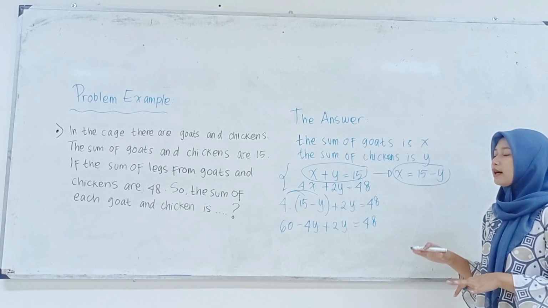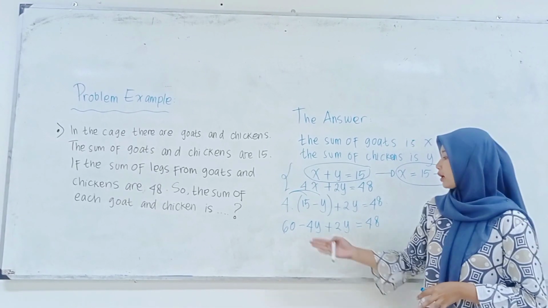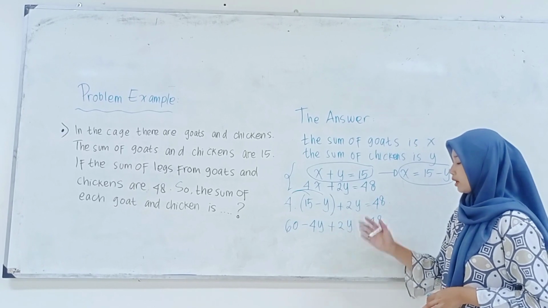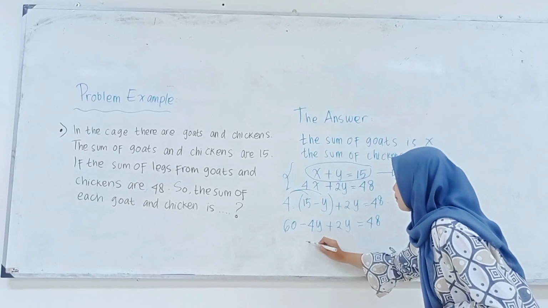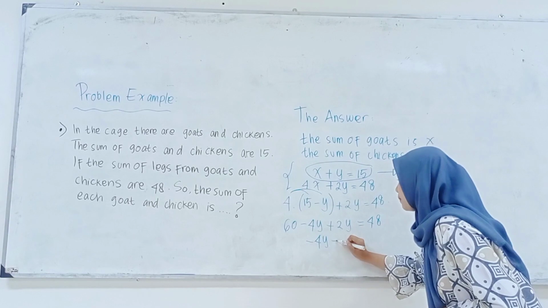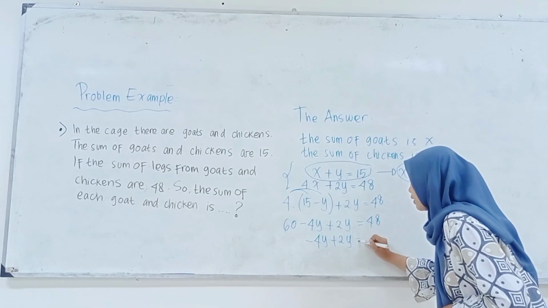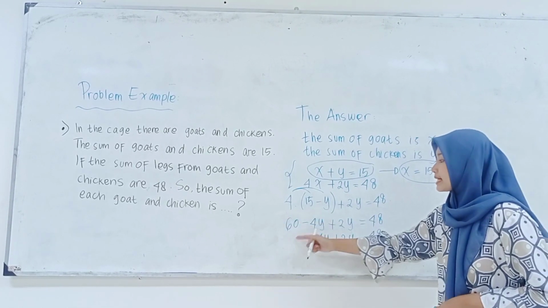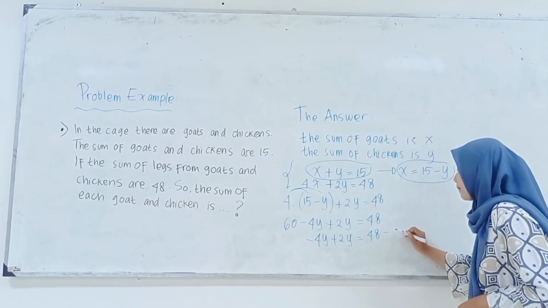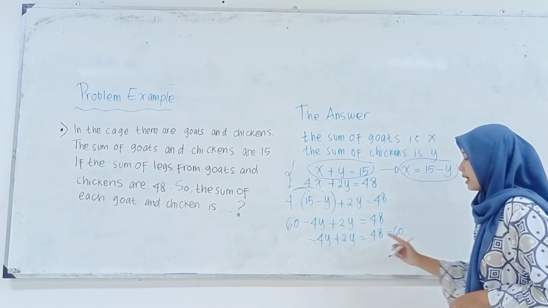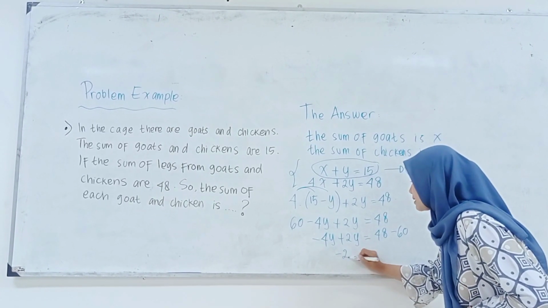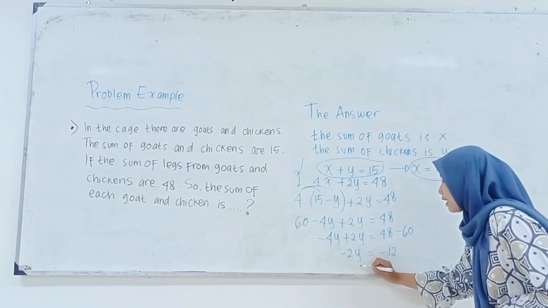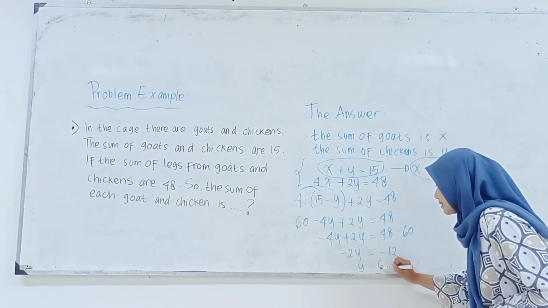So we can operate the constant with the constant and the y variable with the y variable. We can move 60 to the right, minus 60, and then we get minus 2y equals minus 12, and then y equals 6.